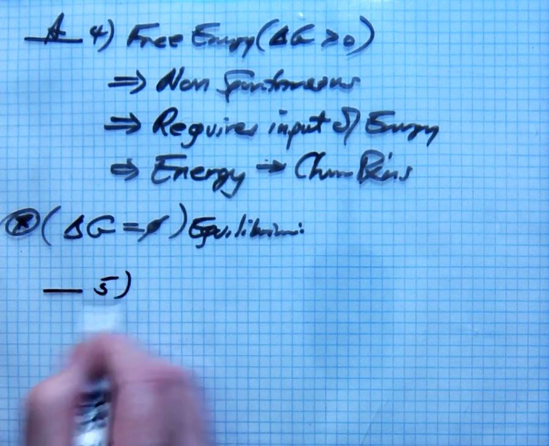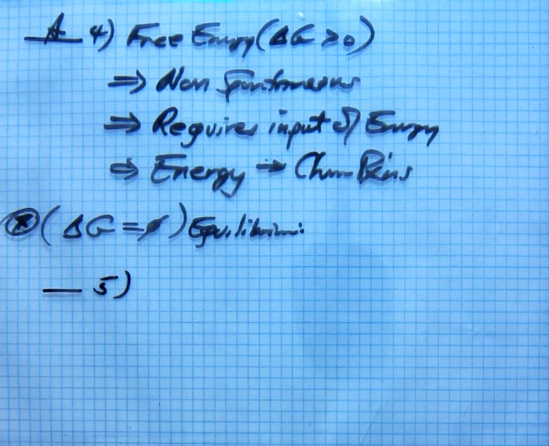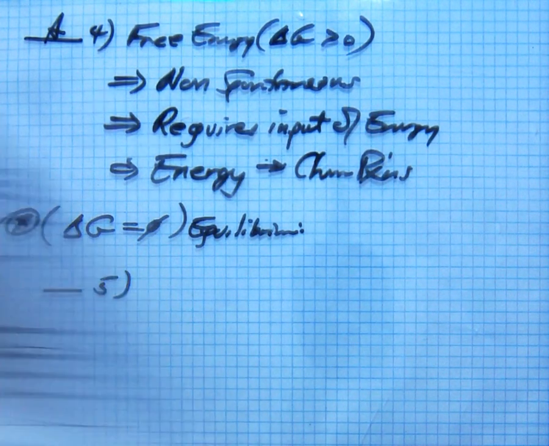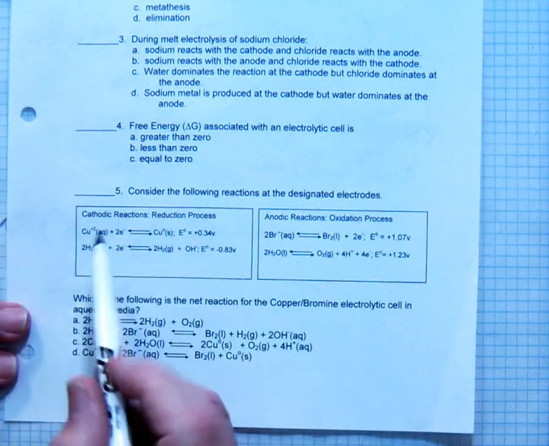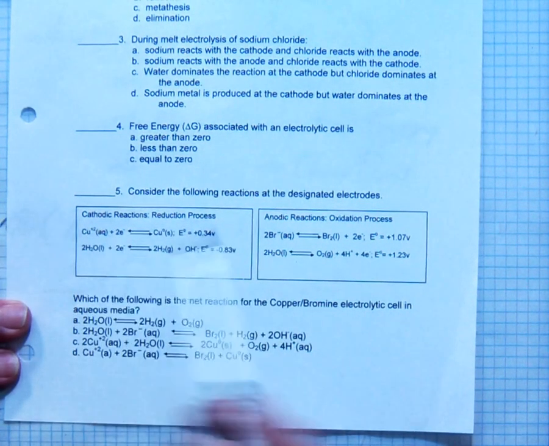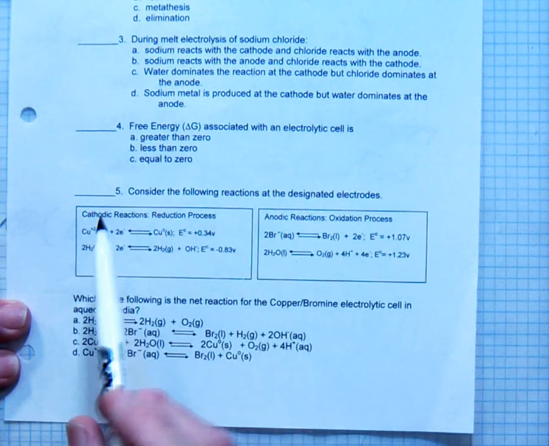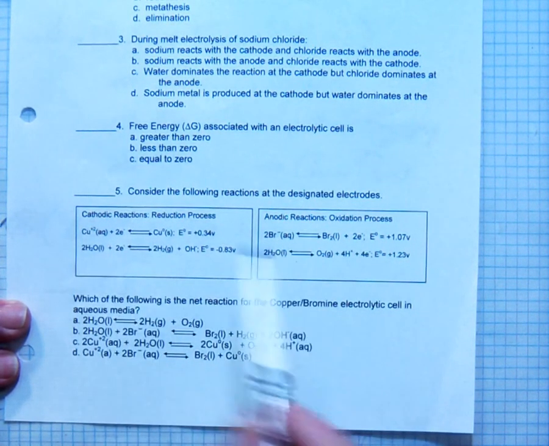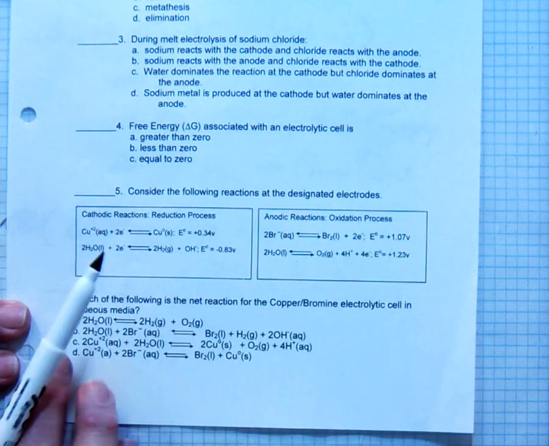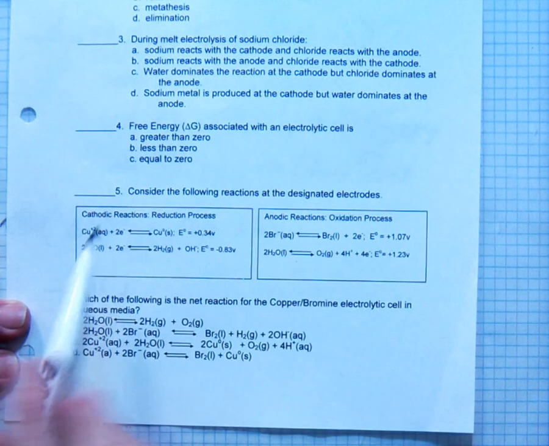Finally, number 5, I gave you some aqueous reactions, and well, I can put this up here. So in the cathodic reactions, the possibilities for copper and bromide, well, copper would undergo reduction and the bromide would undergo oxidation. Well, how would I know that?